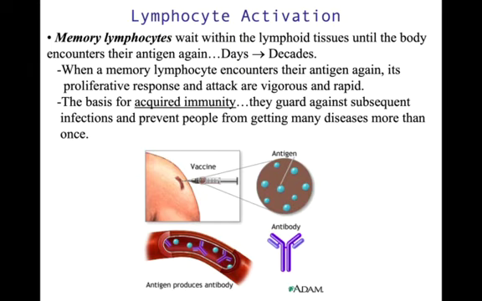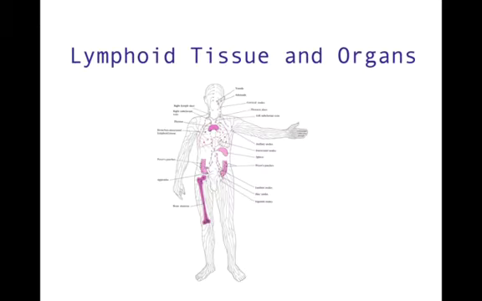So we get the best of both worlds. We generate antibodies, we generate memory lymphocytes to this pathogen. At the same time, we don't get full-blown sick from it because we injected a weakened version of it. Okay? All right.